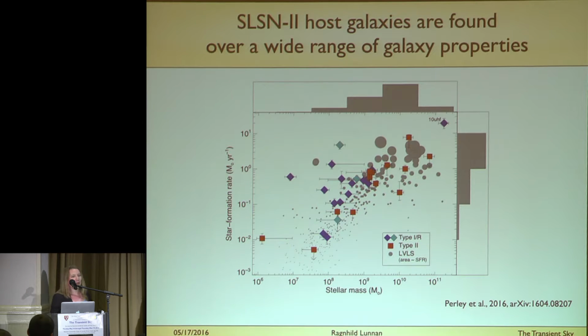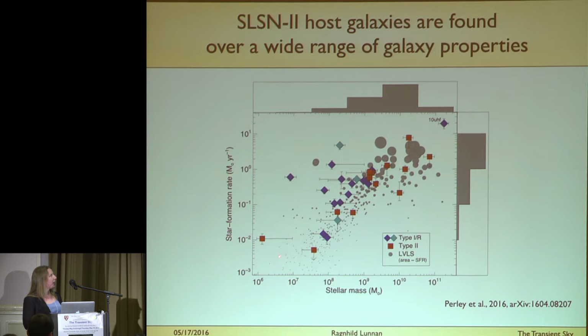So finally, I should mention type 2 superluminous supernovae. This is again from Dan's paper, because the biggest type 2 sample by far is from PTF at the moment. Those are the red points on this plot. And as you can see, unlike all of these blue points which are the type 1 host galaxies, you find type 2s over a much wider range of galaxy types.